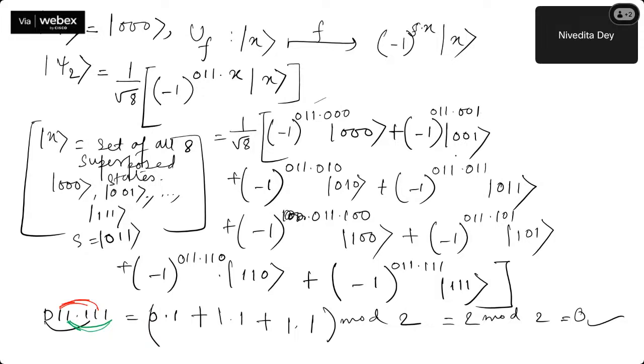So wherever you get 1 instead of a final result 0, there it will be (-1) to the power 1, which is minus ket 001. Similarly, for the first one, you get (-1) to the power 0, which is plus ket 000. So ultimately, on each basis state, a certain phase factor will be added.